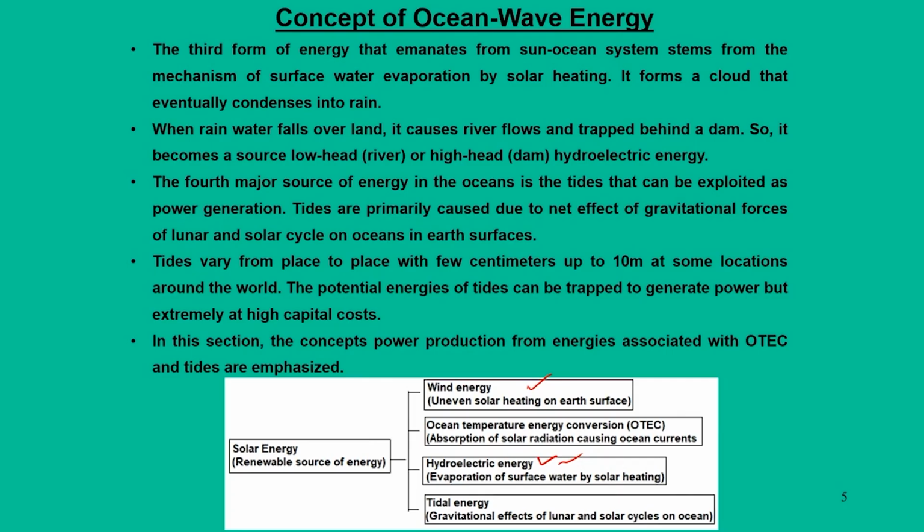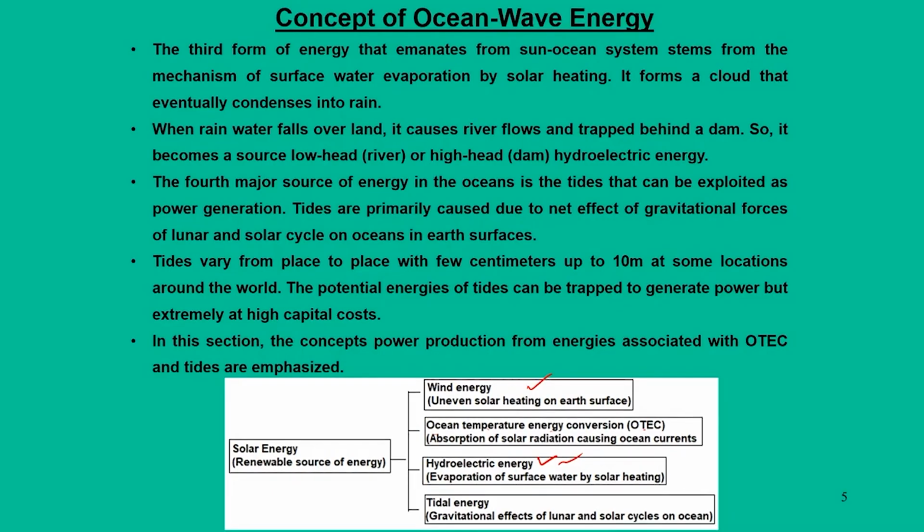Now, the remaining part is this. One is ocean thermal energy conversion, which we call the OTEC plant. Here, there is absorption of solar radiation causing ocean currents. When solar radiation falls on the surface of the ocean, the energy gets absorbed, and thereby the surface water gets heated, whereas the deep water does not feel the heat.